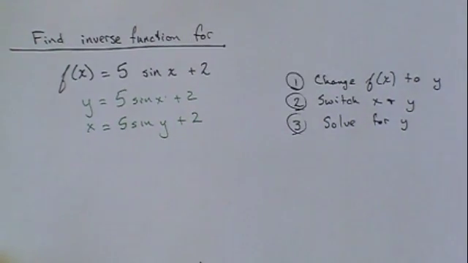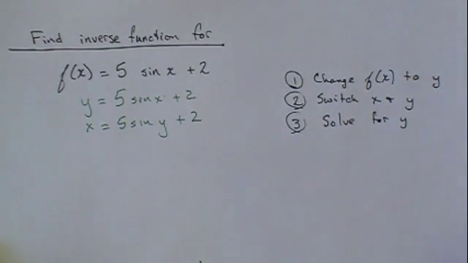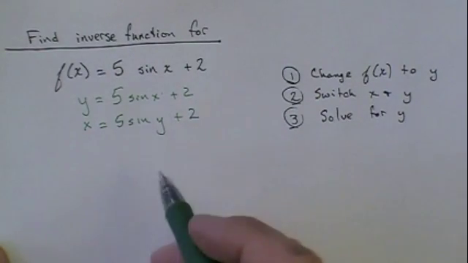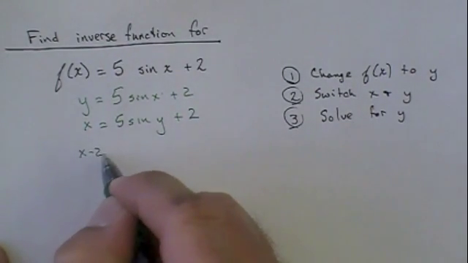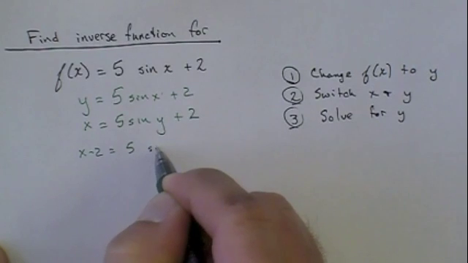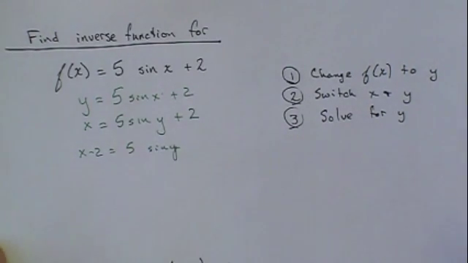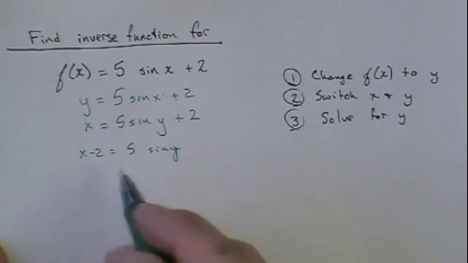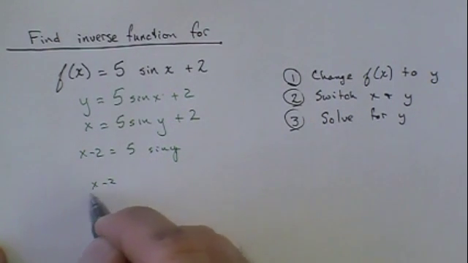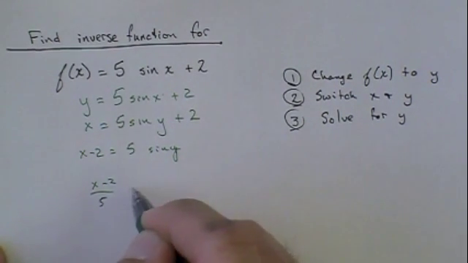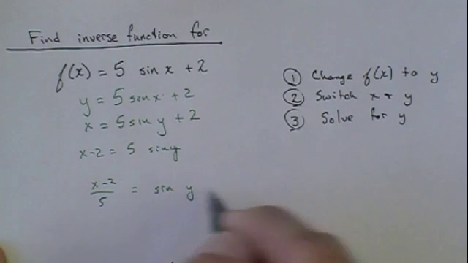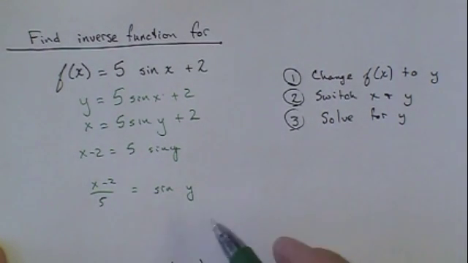And now the last step is we're going to solve for y. So we're just using inverse operations. We would first subtract the 2 over, so we have x minus 2 equals 5 times the sine of y. Now we're going to divide by 5. So we have x minus 2 over 5 is equal to the sine of y. And now we take the inverse of both sides.